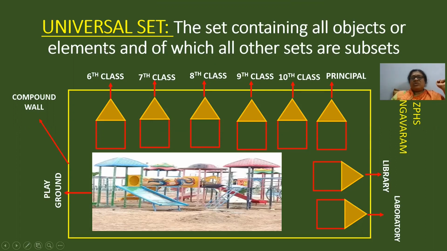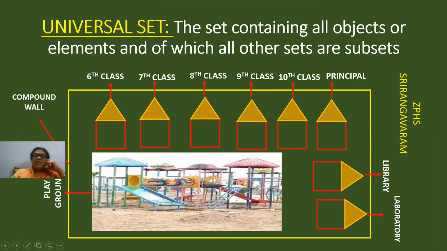So the definition of a universal set is nothing but the set containing all objects or elements, of which all other sets are subsets. So these sets are subsets of this big rectangle.